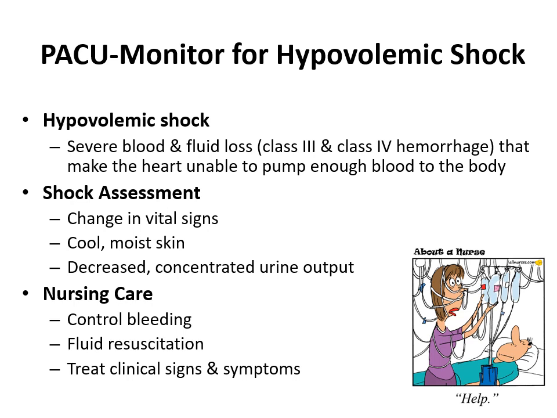That's really the main thing. So your nursing care is to identify and control bleeding, fluid resuscitation, which means boluses, and treat the clinical signs and symptoms. I won't get too far into this because you haven't had fluid and electrolytes yet.